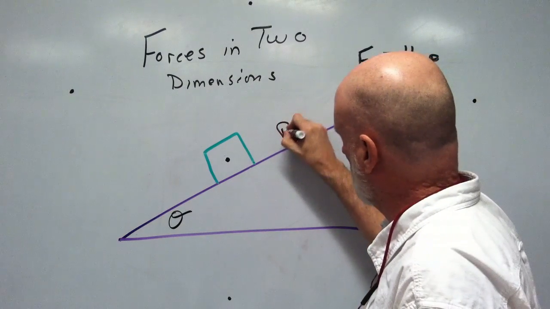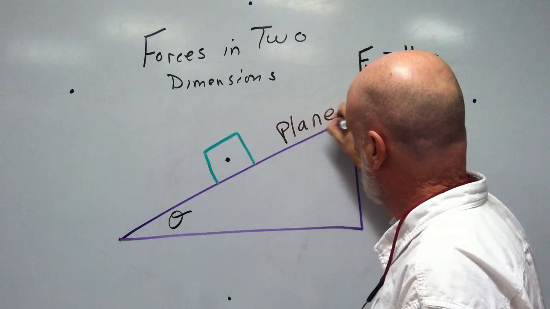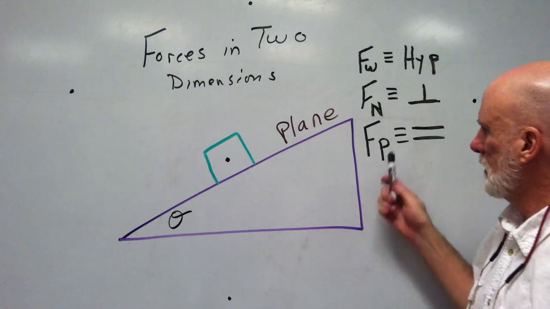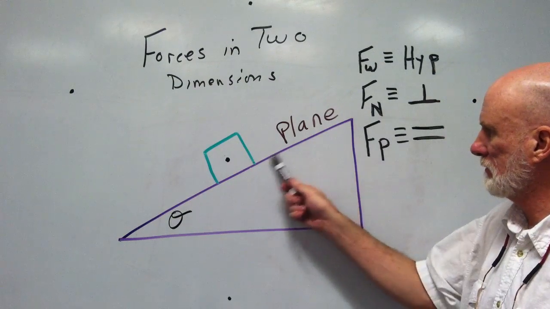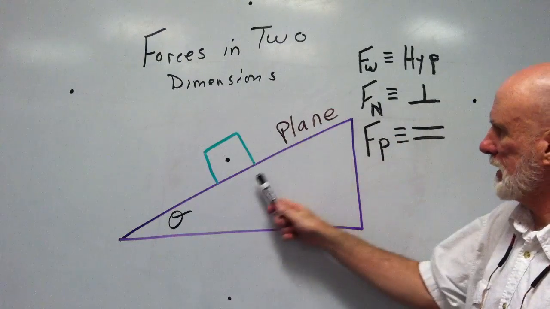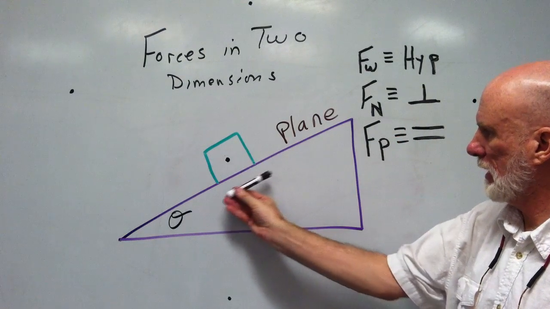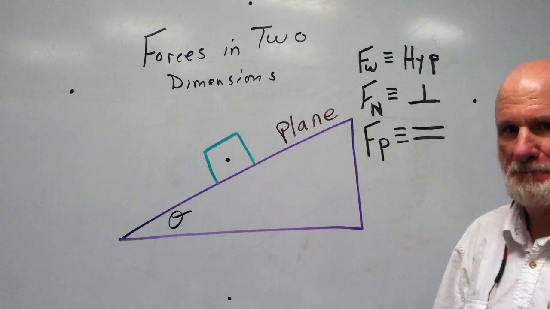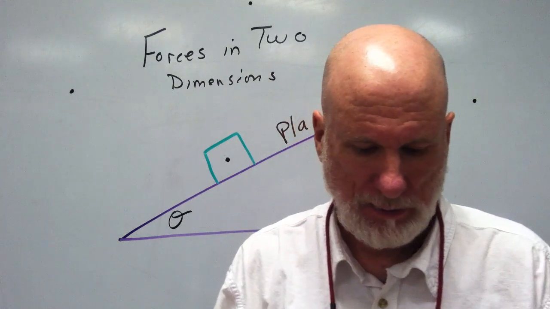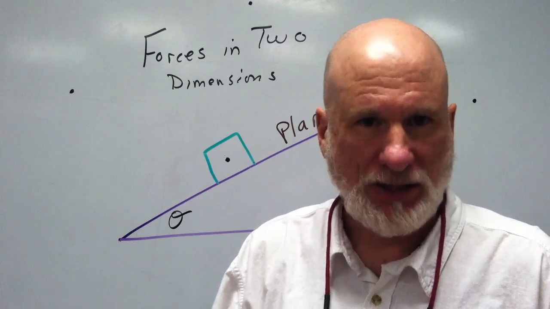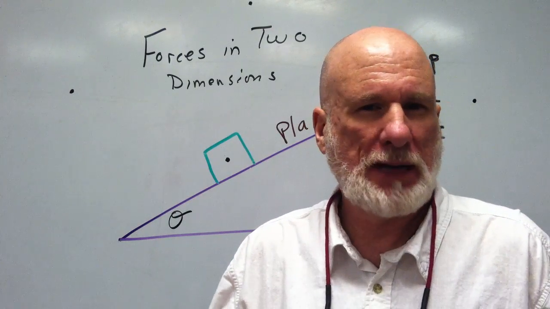This is the plane. The weight that's parallel with the plane. Perpendicular, parallel, right? Okay? So let me start off with those three vectors. Now, how do you do that?